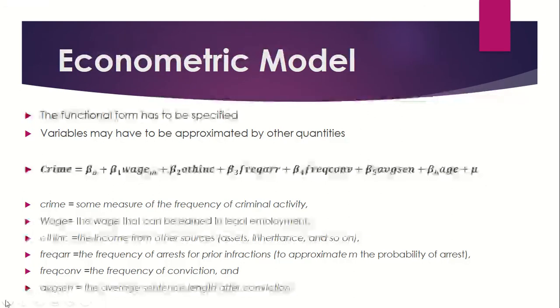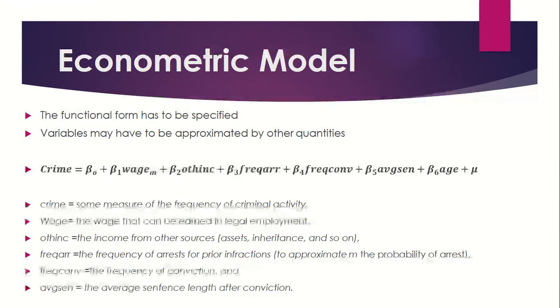Now here crime represents a measure of the frequency of criminal activity. Wage represents the wage that can be earned in legal employment. OTHINC is the income from other resources, that is assets, inheritance, and so on.